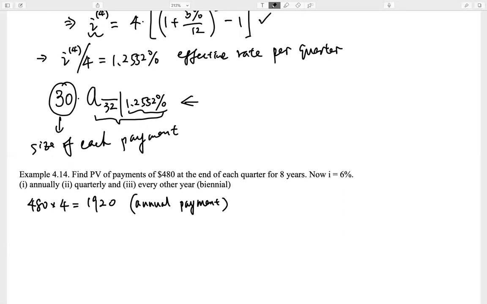Okay, and then I just need to give the notation. So on top I would need to put 4 because it's quarterly payment. At the bottom I will put 8. That's because the total number of years is 8.